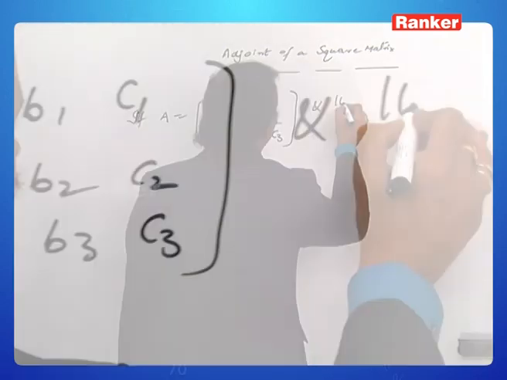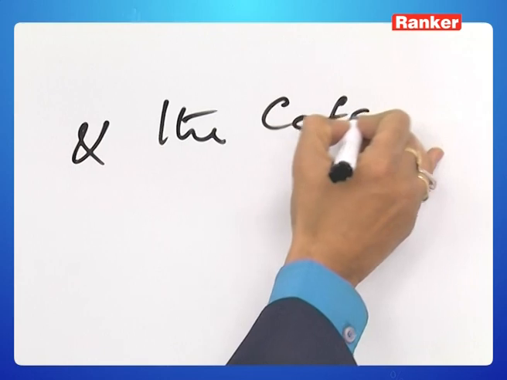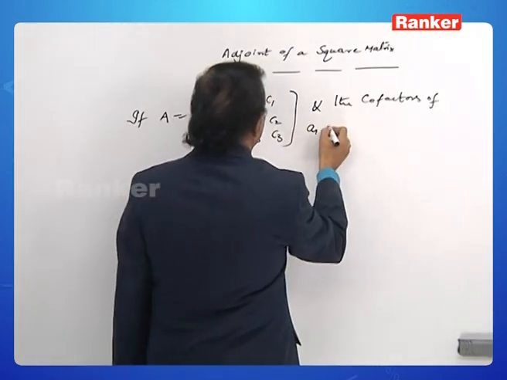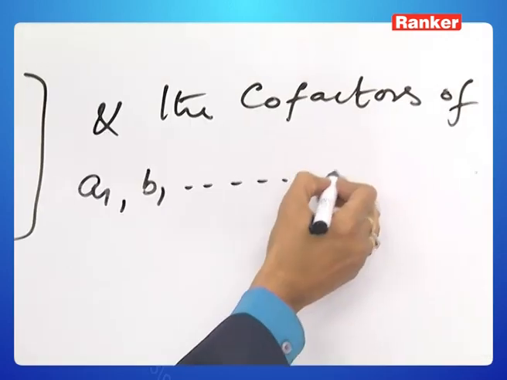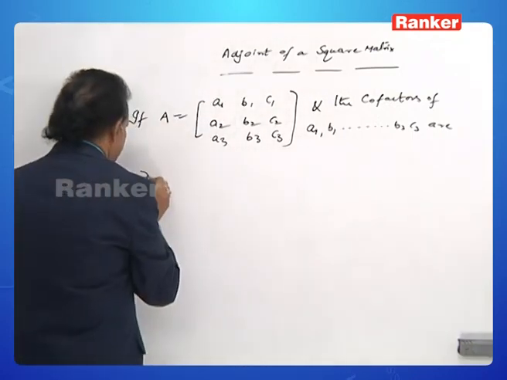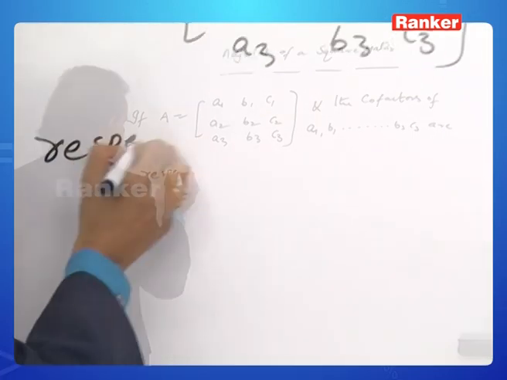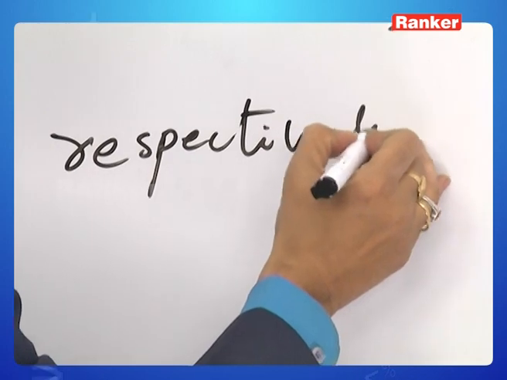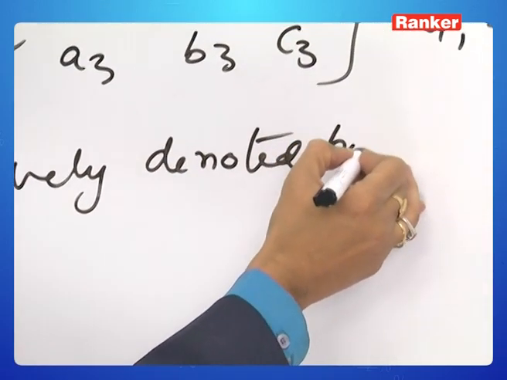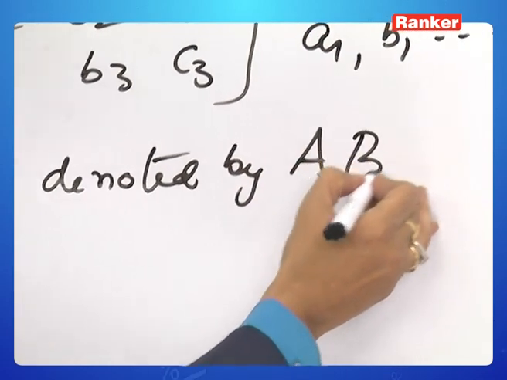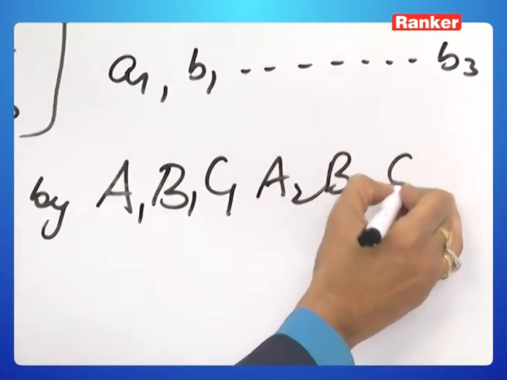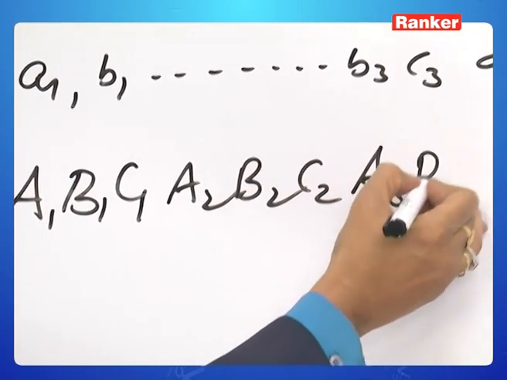And the cofactors of A1 B1 C1 etc. up to B3 C3 are respectively denoted by capital A1 B1 C1, A2 B2 C2, A3 B3 C3.